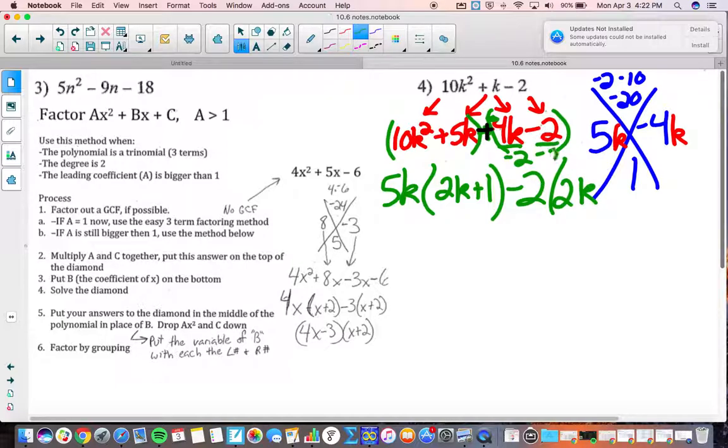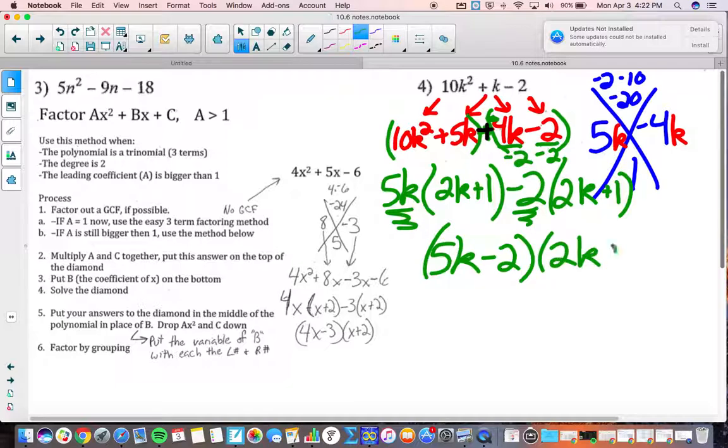Negative 2 divided by negative 2 is positive 1. All right, put your factors together. Bring down the 2k plus 1.